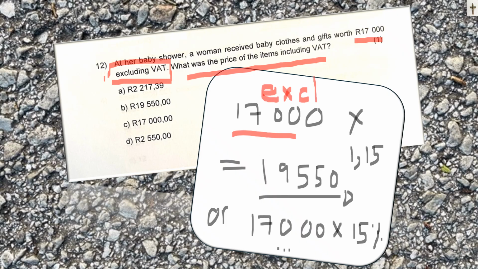17,000 excludes VAT. If I want to include VAT, I can multiply by 1 plus 15%. And 15% is 0.15. If I say 15 divided by 100, it's 0.15. So 1 plus 0.15 is equal to 1.15.